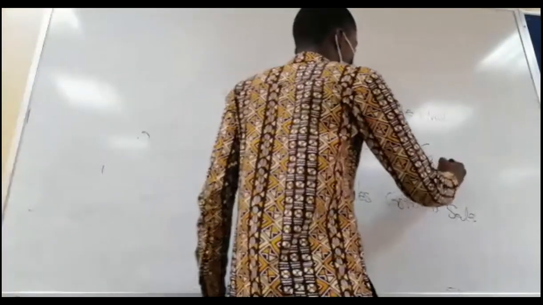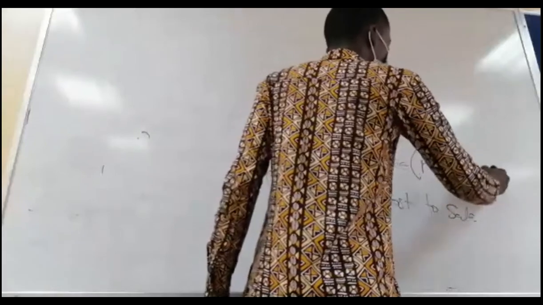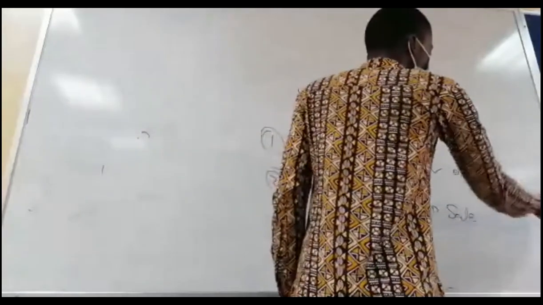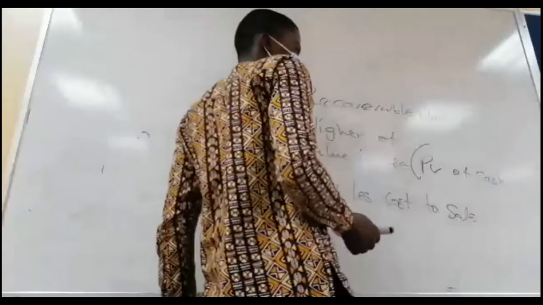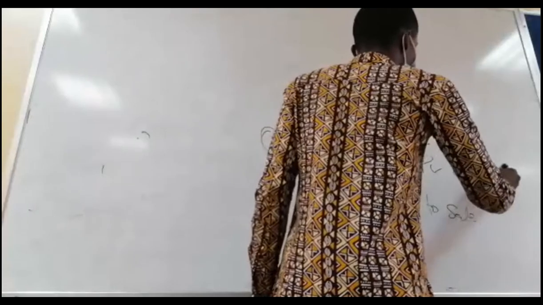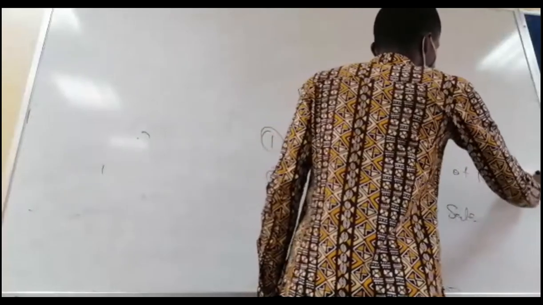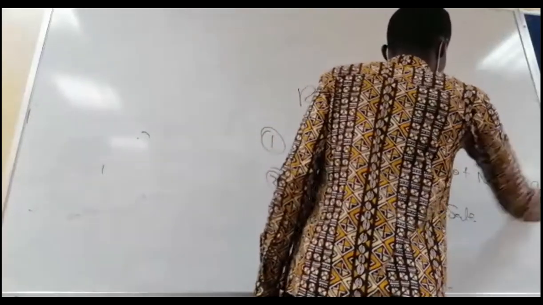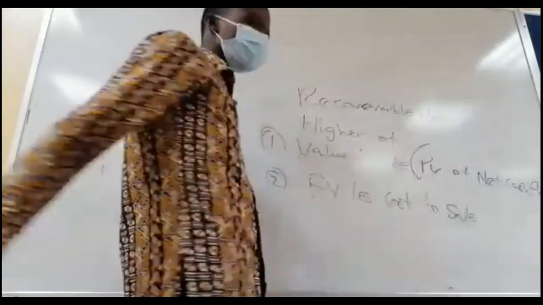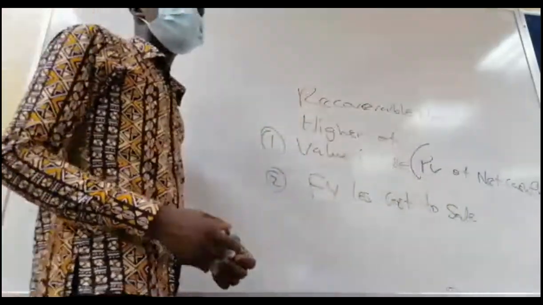And here, value in use is the present value of the cash flows to be generated from the asset. So you can make it present value of net cash flows. It includes a scrap value. Don't forget that it includes the scrap value of that asset.